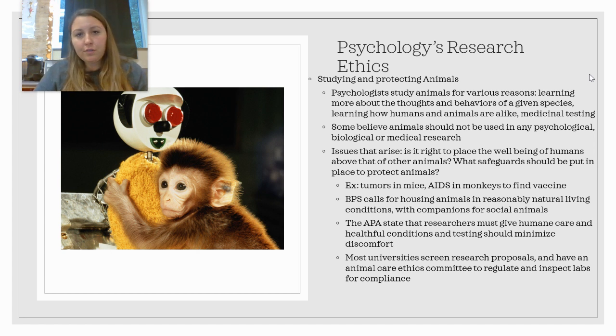Now, at most universities, there is a program where people have to get their research approved before they can run the study, because we want to make sure that ethics are being protected. But beyond that, we just have to make sure that these ethical guidelines are maintained.